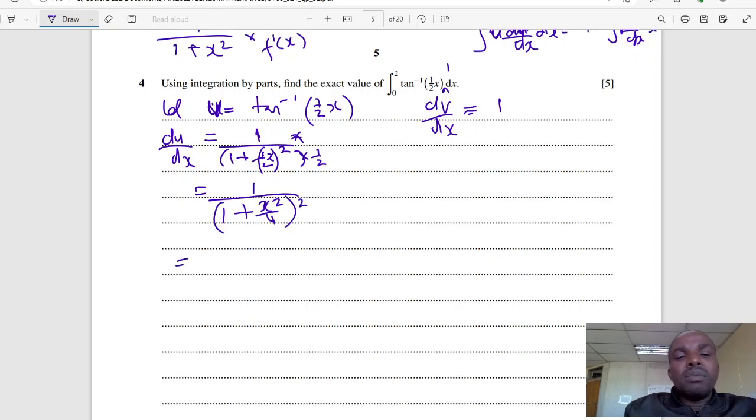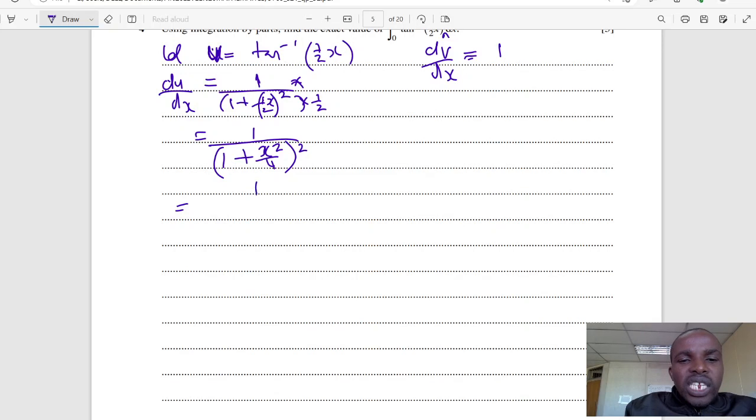Let me simplify it further. So I'll get 1 over, then multiply by 2, you get 2 plus x squared over 2. Then express this under one denominator, it will be 1 over, then the denominator, this one will be over 1. You get 2 times 2 is 4 plus x squared.